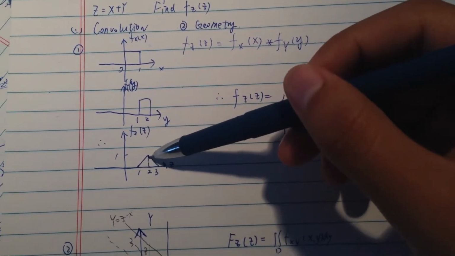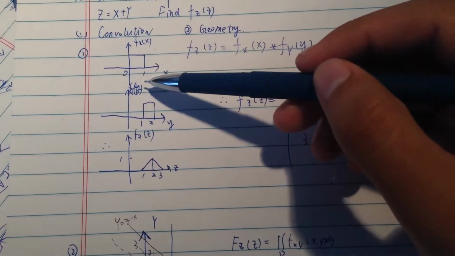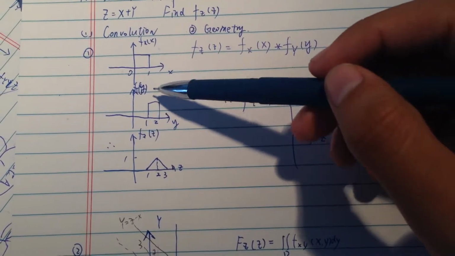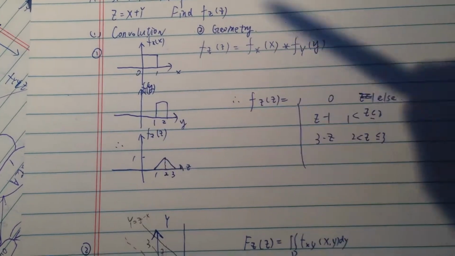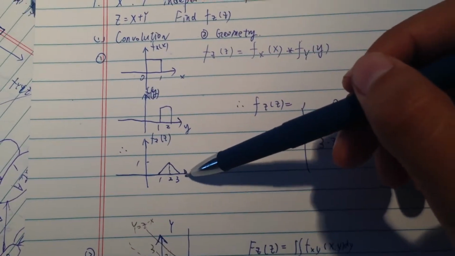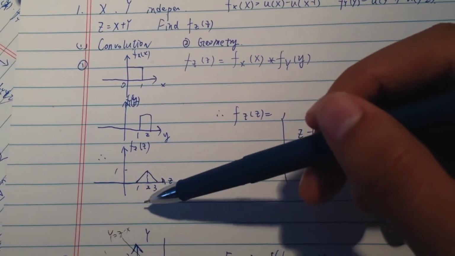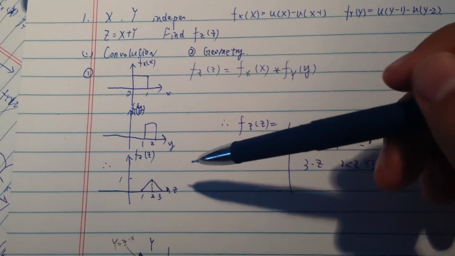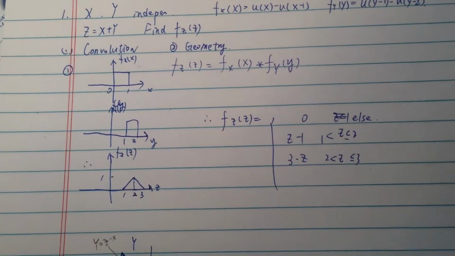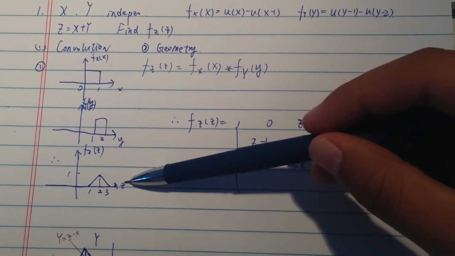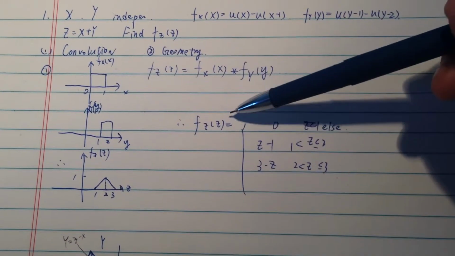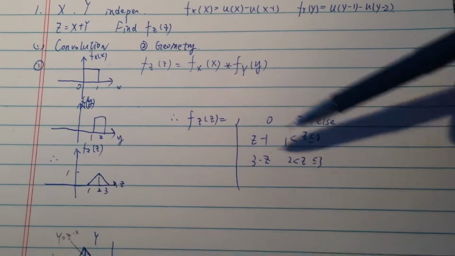After X starts to leave Y, the line decreases. So the convolution result is drawn like this. We have learned this method in the signals and systems courses, and we use this picture to write the PDF of Z like this.